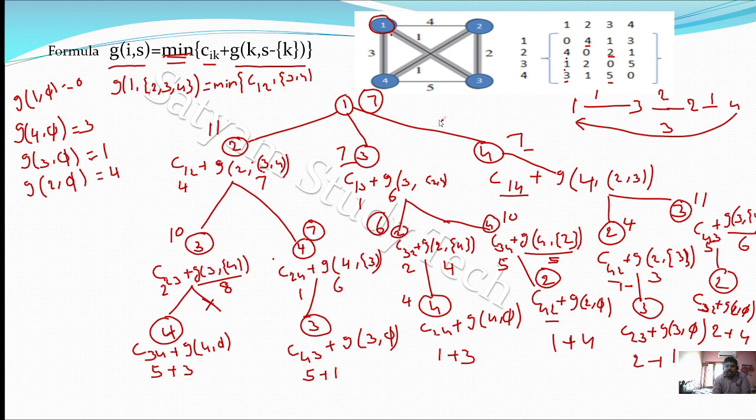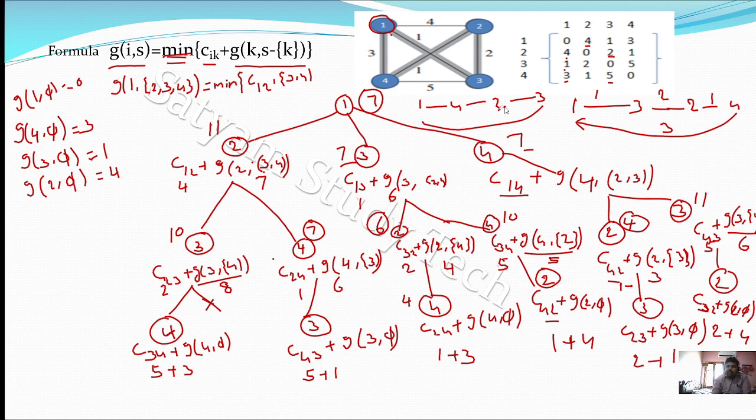This is one tour. Another you can check: 1 2 4, and which is the minimum among these? Here it is 4 plus 11. Here the 4 is the minimum. So 4 to 2, and 2 to 3, and 3 to 1.